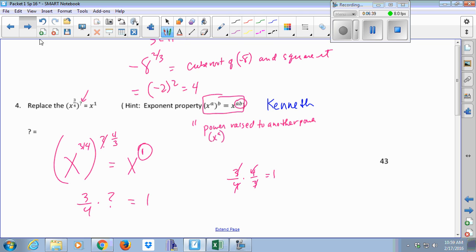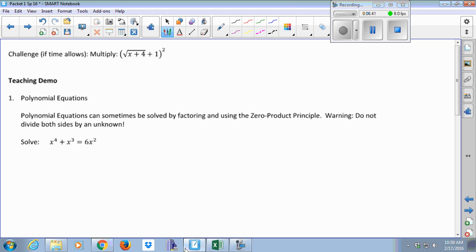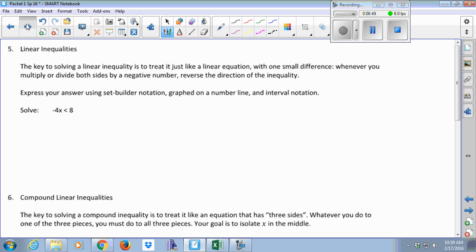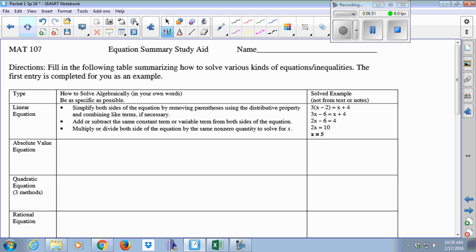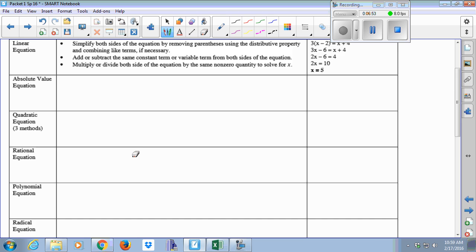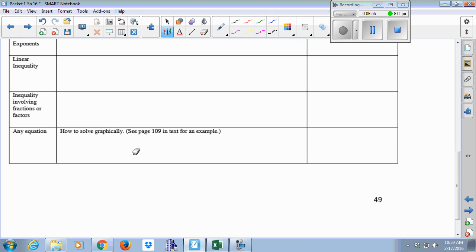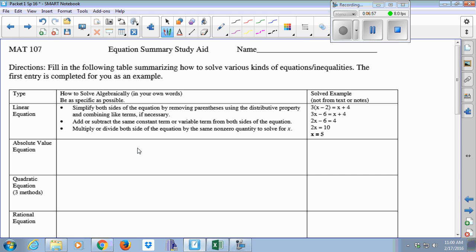All right, I'm going to leave this challenge off for now because there's a lot to cover today. I do want to point out that if you go to page 49, you're going to see what's called an equation summary study aid. Caitlin and I put this on here to try to help you prepare for your first test, which will be on Monday.